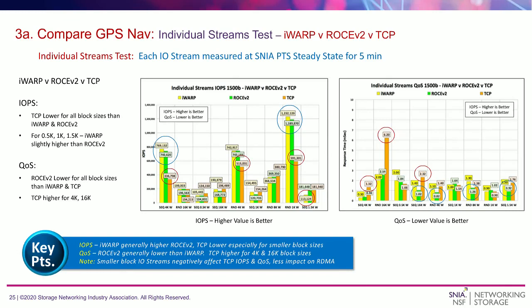And if you look more closely at the block sizes, you can see that it might be for a particular block size, small or high or random or sequential, but clearly you can see that there are cases where TCP has a much lower performance for IOPs and much higher response time, such that when you mix them all together, those few I/O streams that TCP doesn't handle very well end up dragging down the overall replay test.